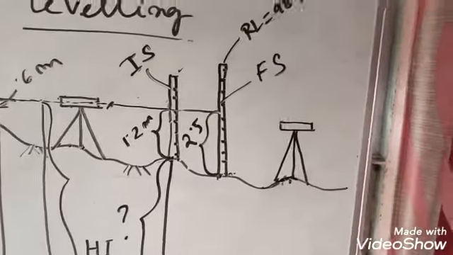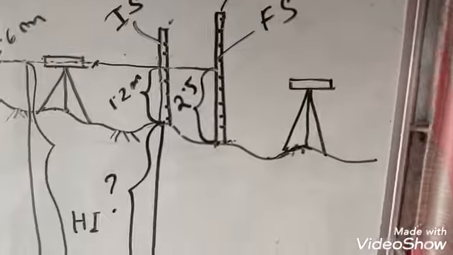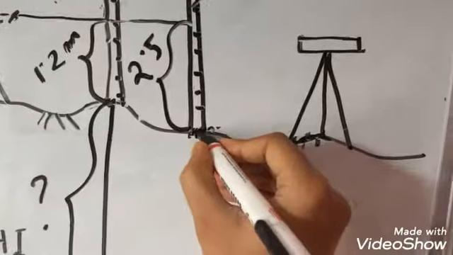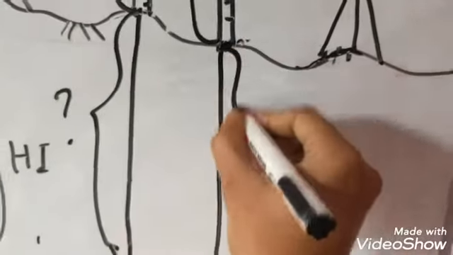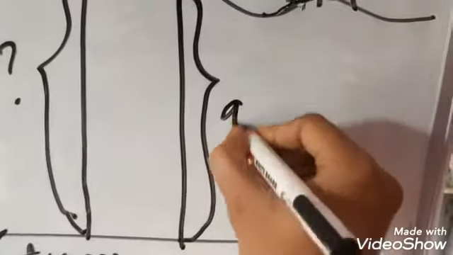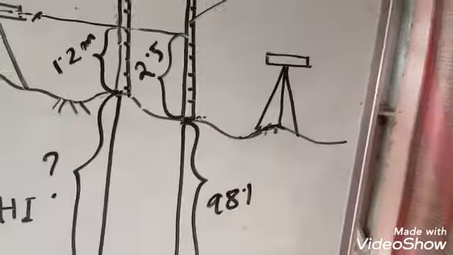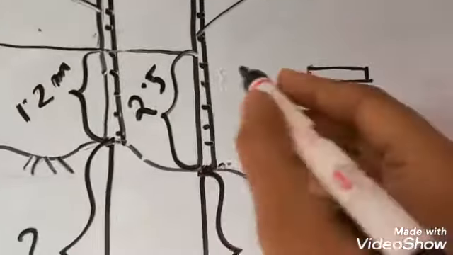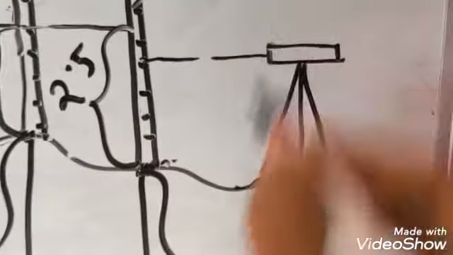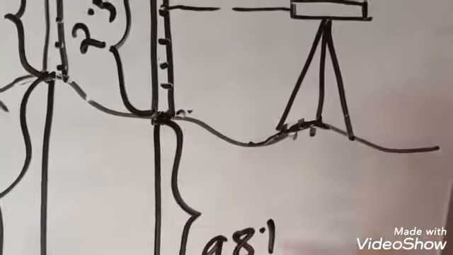Then again the same procedure. Now we know the RL of this point is 98.1. So again, this is a new beginning. Again we'll have to take the backside reading and find out the height of instrument.